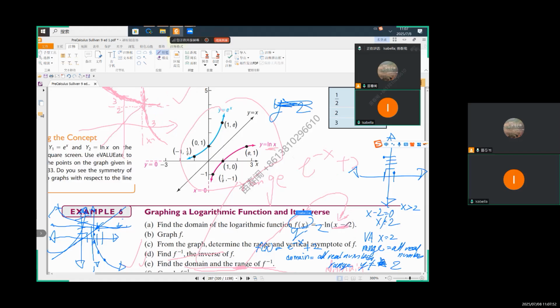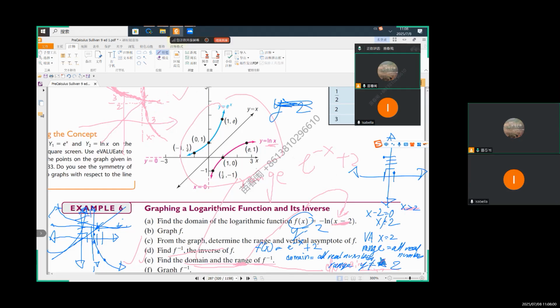Yeah, I get this one. I also get it because of the domain, right? The domain you find is x greater than 2, and now it just turns out in here is y greater than 2, right? So that's why I said that domain is that range, and that range is that domain. So normally for this question E, we don't have to find it ourselves.